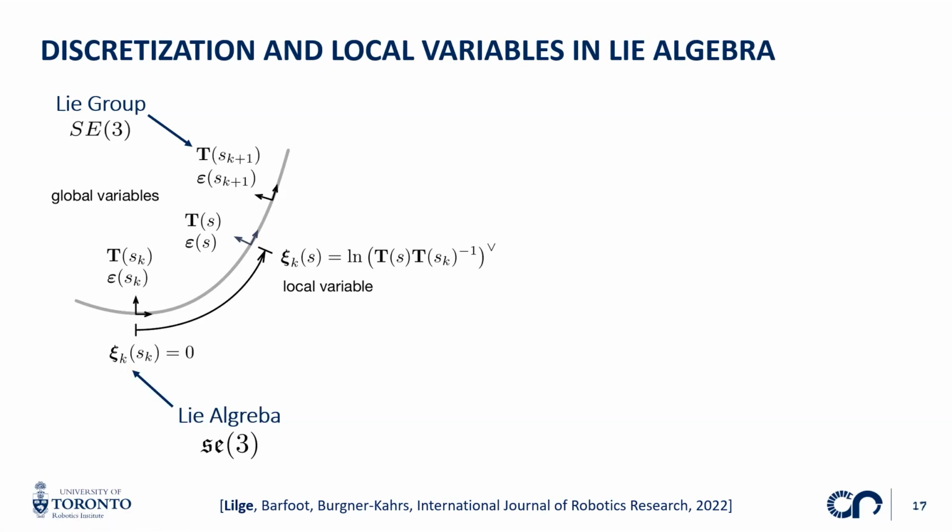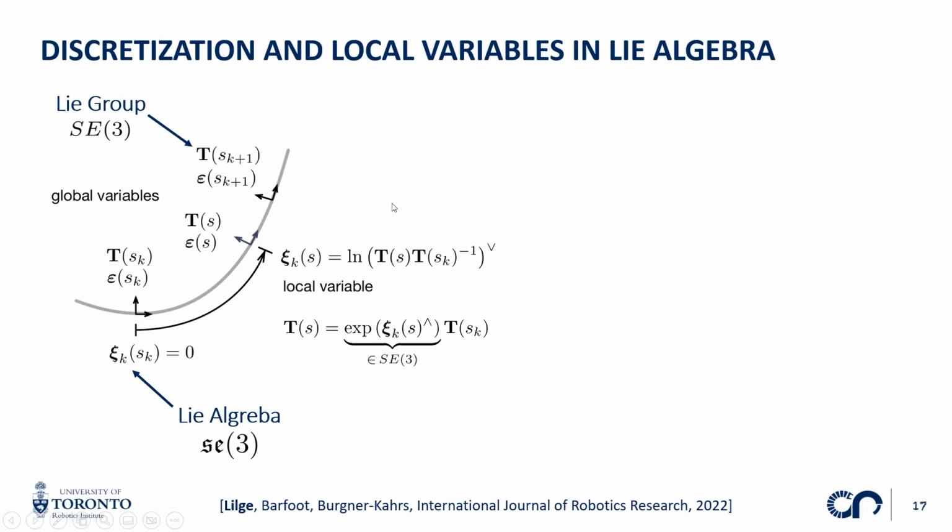The main advantage is that in the Lie algebra, I can do all the normal math operations that I can't easily do with the Lie group: I can subtract values, differentiate values, and interpolate. That's hard in the Lie group because of all the constraints I have to work with, mostly arising from the constraints of the rotation matrix. And once I have my local variables defined in the Lie algebra between two nodes, I can easily transform between Lie group and Lie algebra using the matrix logarithm and the matrix exponential.